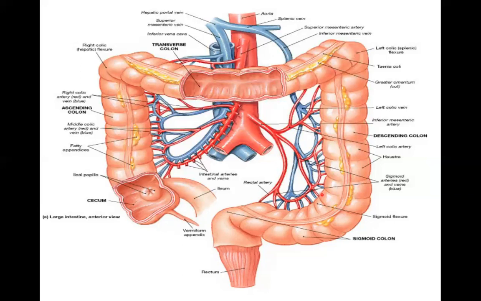If we come to the lymphatic drainage of the large intestine, we pay a little attention to it, because as we said, cancer of the intestine occurs in the colon, which is one of the sites of distribution of cancer to the body. There will be sets of lymph nodes in the large intestine.